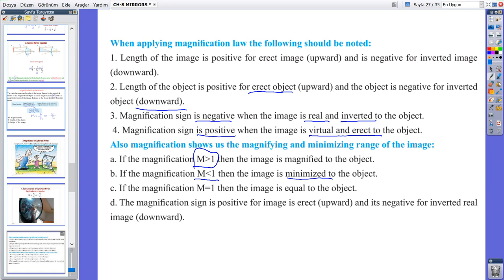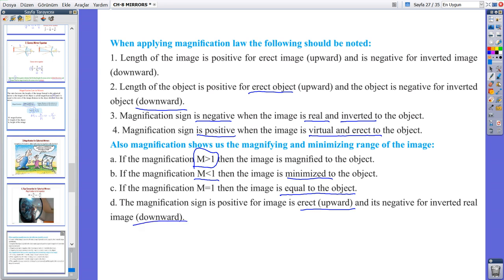If magnification equals 1, the image equals the object, meaning the object stays at the center point. The magnification sign is positive for an erect or upward image, and negative for an inverted real image or downward.